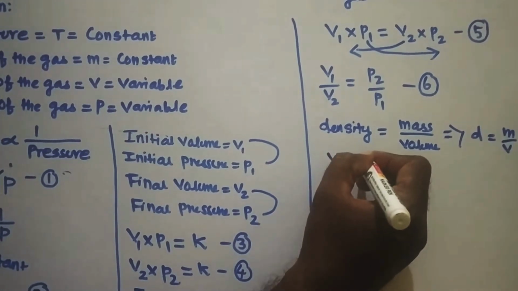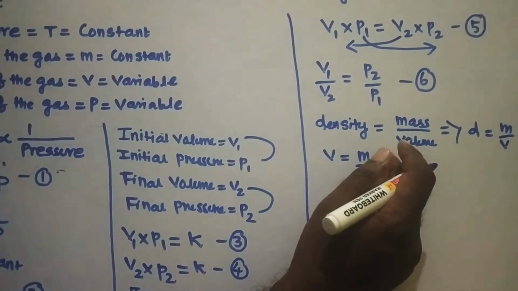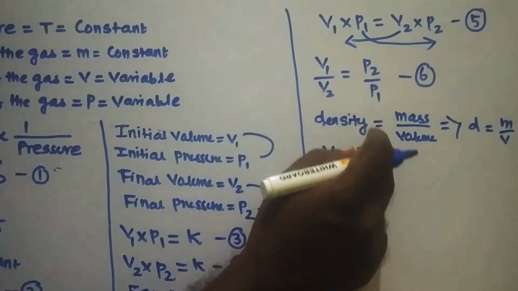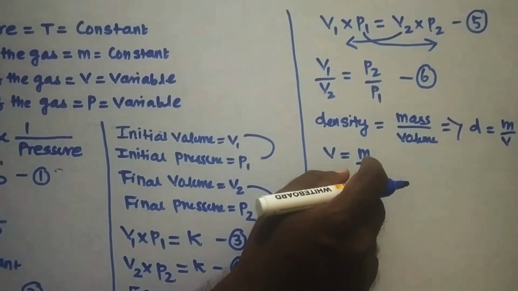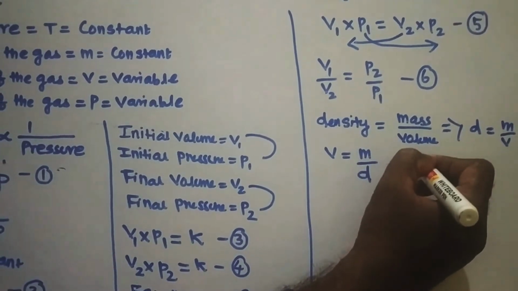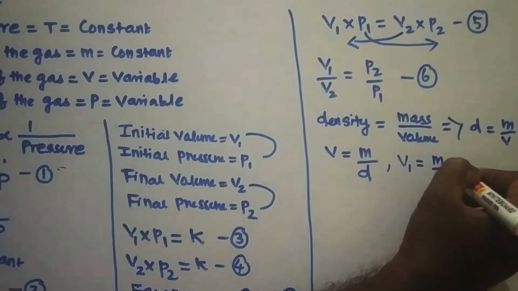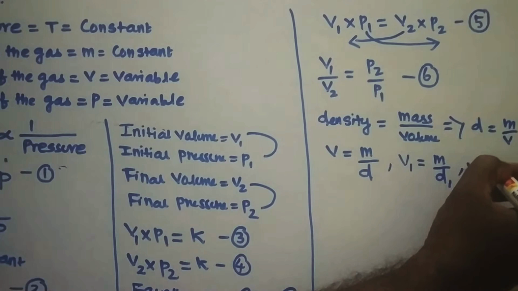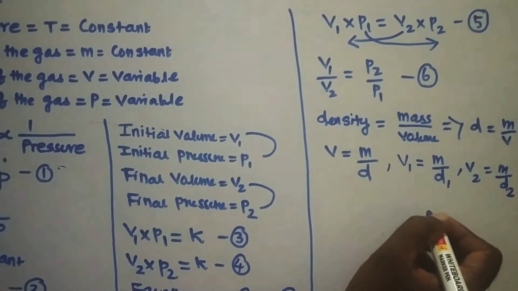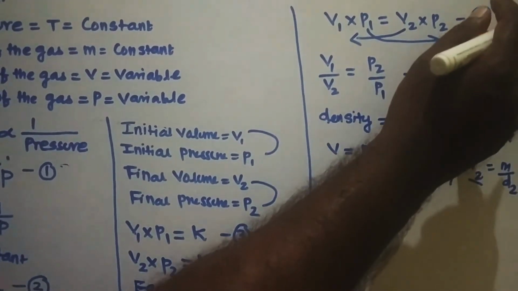Therefore, volume is equal to mass divided by the density. Here, the mass of the gas is a constant. Therefore, m is a constant and d is a variable. Now, we are going to find V1. V1 is equal to m by d1 and V2 is equal to m by d2. Now applying the values of V1 and V2 in equation number 5.